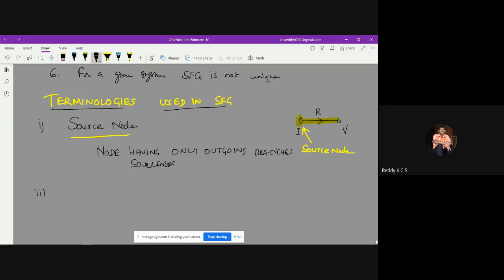Similarly, the second one, sink node. A sink node is nothing but the node which has only incoming branches, meaning incoming signals. So this node has only an incoming signal, and this node has only an outgoing signal.